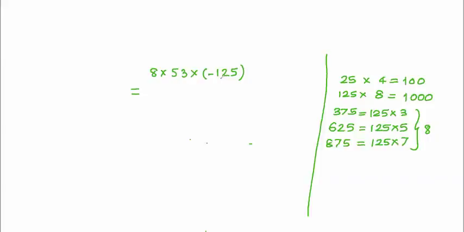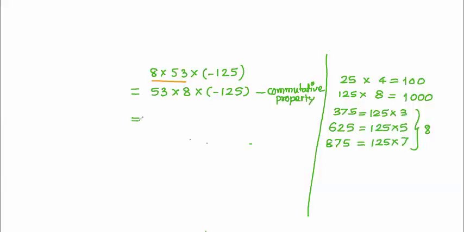But we will be using the commutative property and we will change this. So instead of this 8 into 53, we'll use the commutative property and we'll make this 53 into 8. So what we have done is we have used the commutative property.